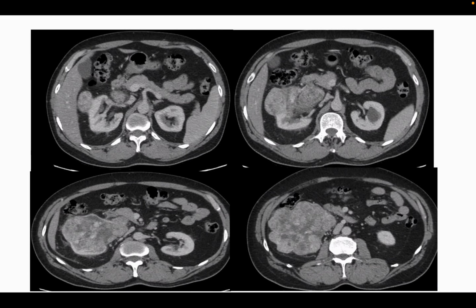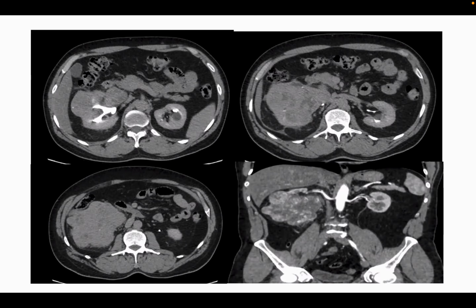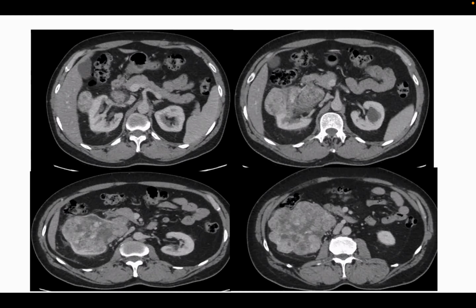In the second image, we can see previous. In the remaining images, you can see that the kidney is replaced by this bosselated structure with mixed heterogeneity and mixed uptake of contrast.